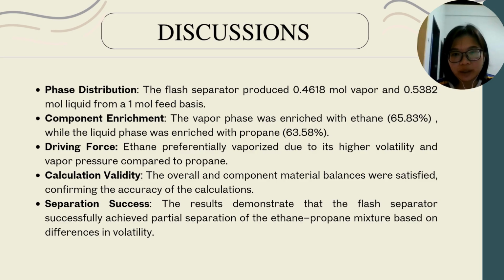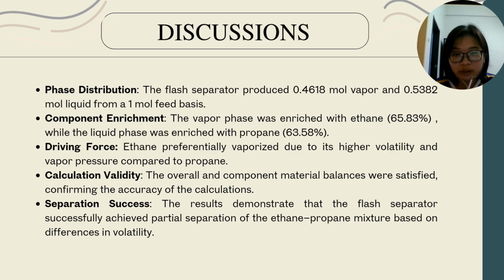From the discussion part, we know that the flash separator produces 0.4618 mole vapor and 0.5382 mole liquid from a 1 mole feed basis. The vapor phase was enriched with ethane at 65.83%, while the liquid phase was enriched with propane at 63.58%. Ethane also prefers the vapor phase due to its higher volatility and vapor pressure compared to propane.